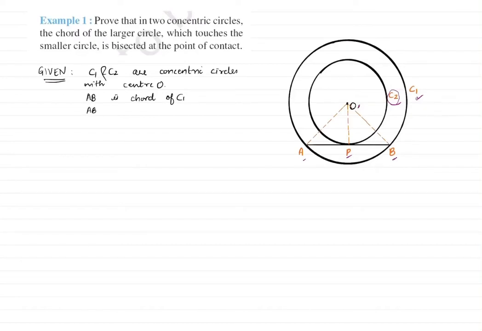AB touches C2 at point P, and we have to prove that AP is equal to BP.